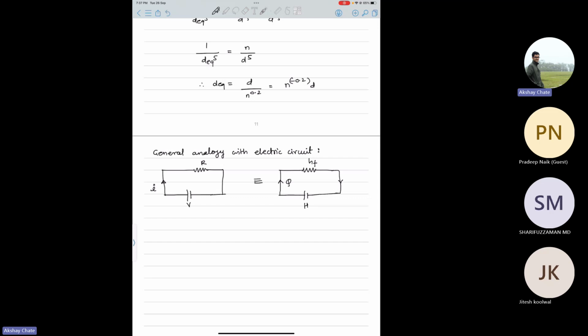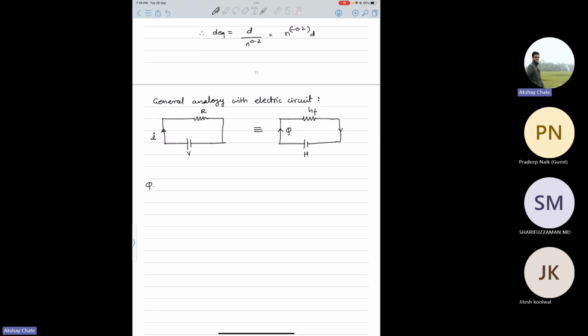So if you want to remember it that way, you can, because when there are series and parallel connections, it is better to draw it out. Maybe I can take one example so that you'll understand. So you have a flow circuit which is like this. Let's say you have one pipe.